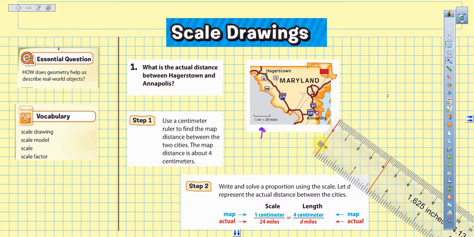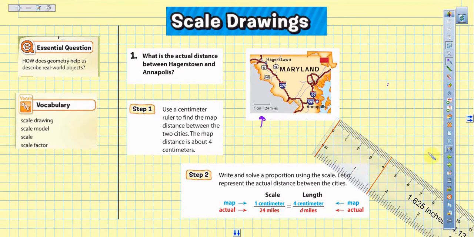So what I do is I use a ruler and I measured from Hagerstown to Annapolis, and I had 4 centimeters. Well, if 1 centimeter equals 24 miles, then 4 centimeters equals the actual miles.